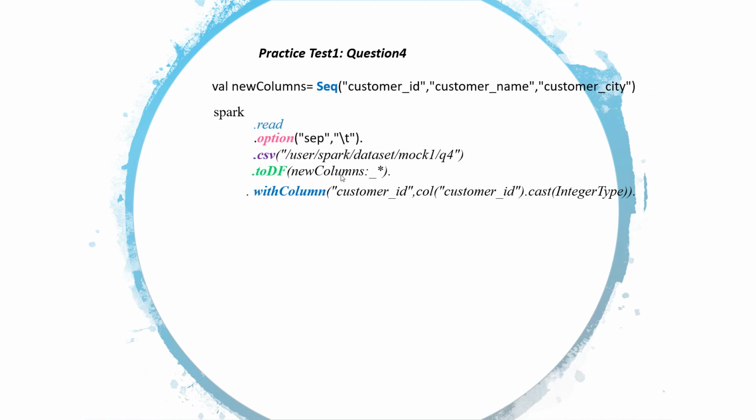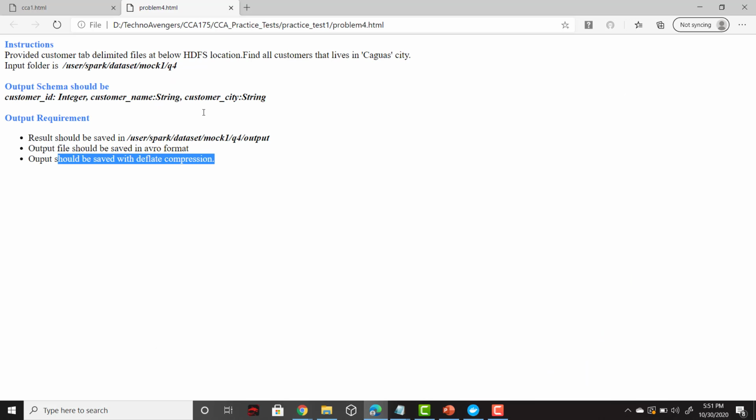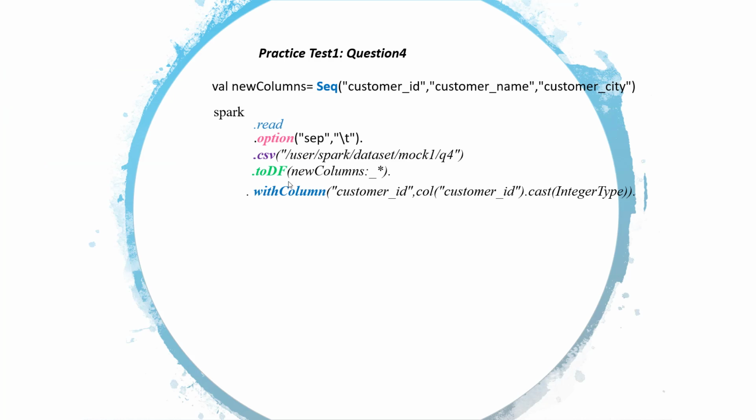Okay. So once I have given names to the columns of my input data frame, I want to change the data type of my customer ID, because in the output requirement I want the customer ID to be in integer format. For that I am using this withColumn API, and inside that I am using the cast method to cast the customer ID column into integer type. And to use this integer type I have to import org.apache.spark.sql.types._.